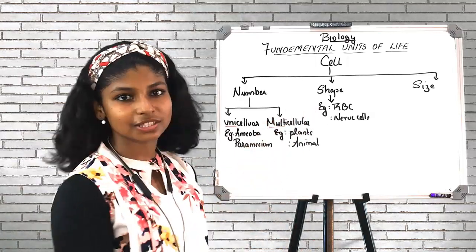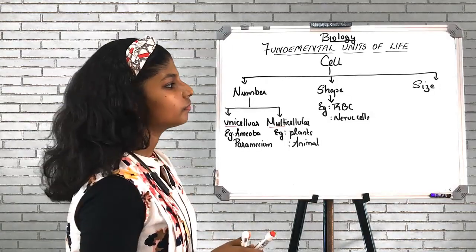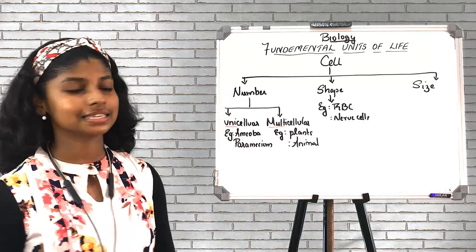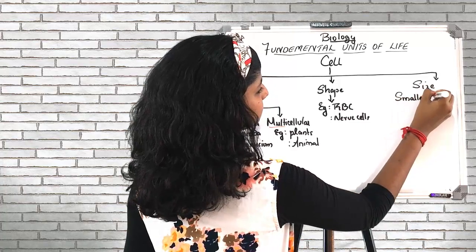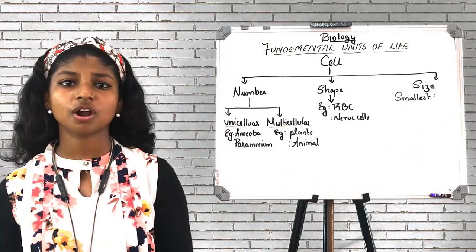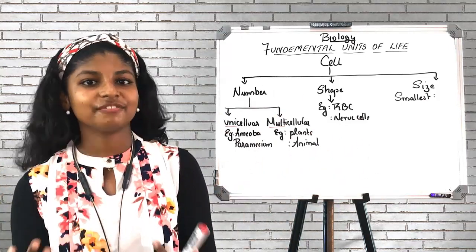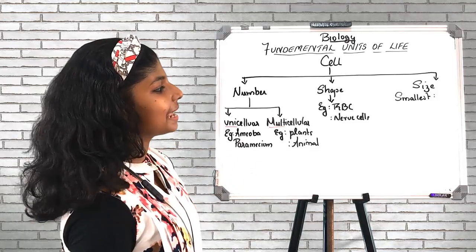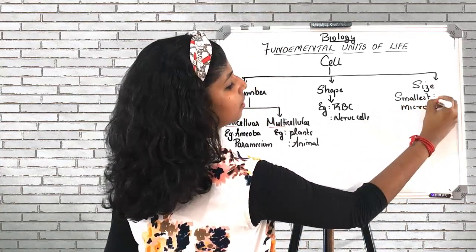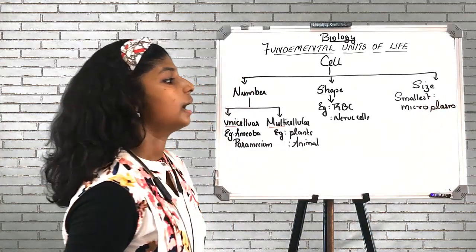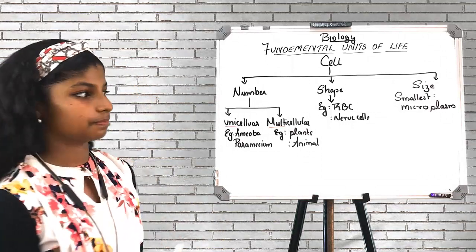Now we can move on to the next topic, that is the size. According to the size, we have the smallest cell. Do you know which is the smallest cell among all living organisms? The smallest cell is the mycoplasma.